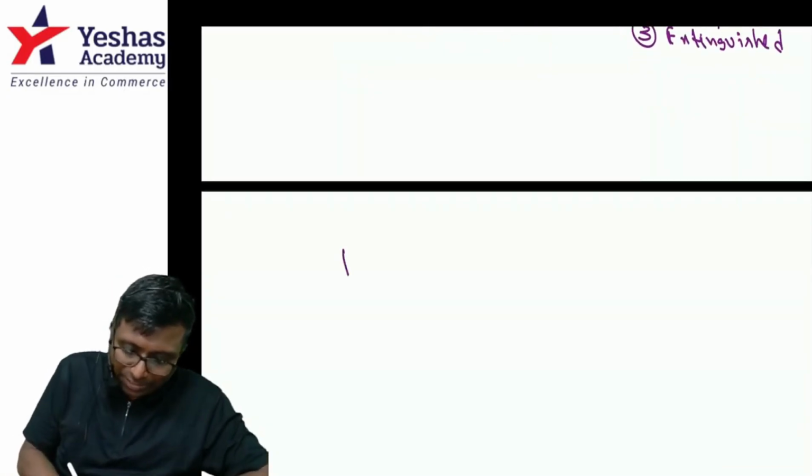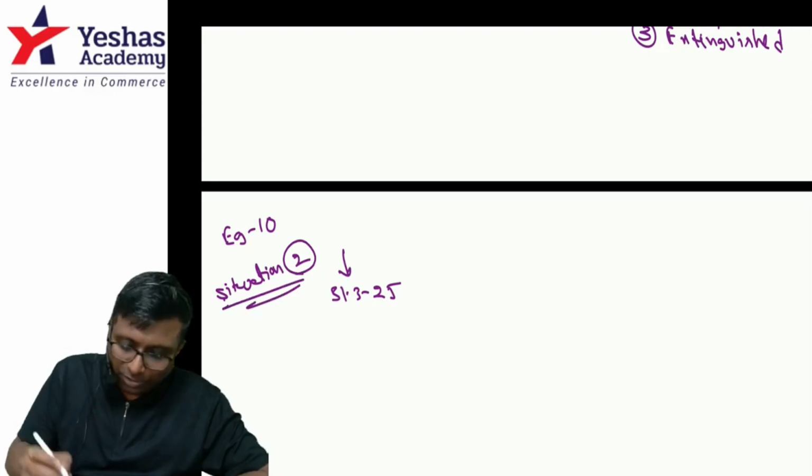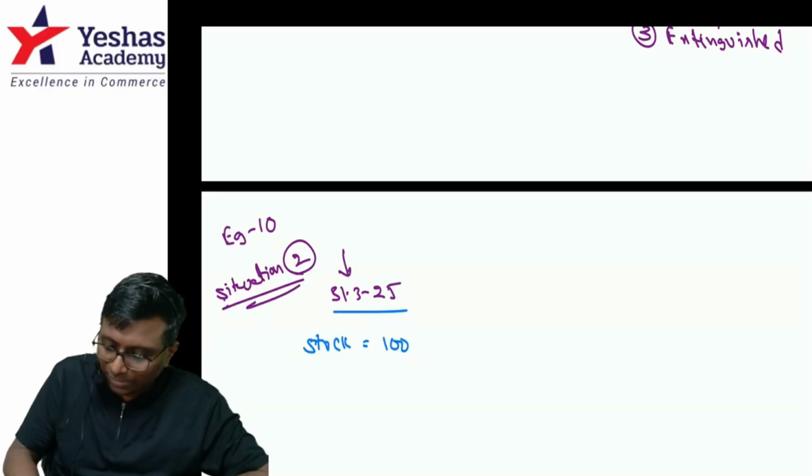So I'm taking the small example. As on 31st March 2025, this is example number 10, situation 2. As on 31st March, what is the stock? Stock is equal to 100. Out of this 100, say the announcement happened on 31st May.